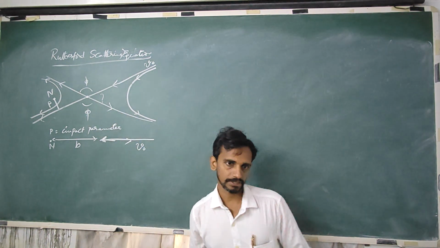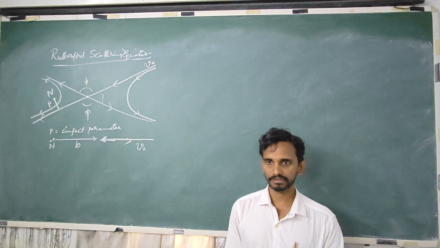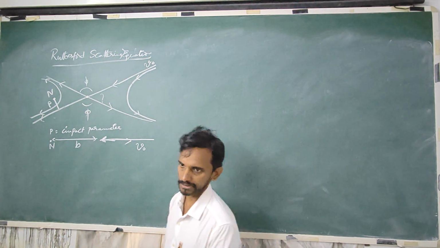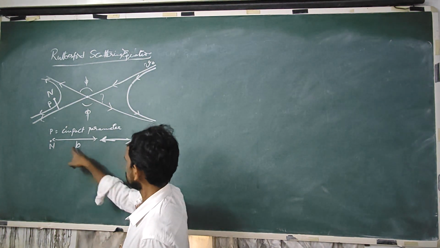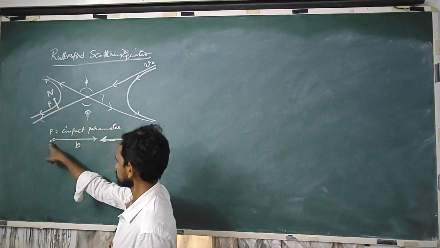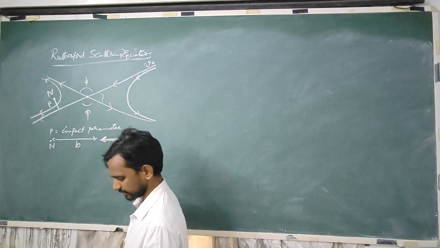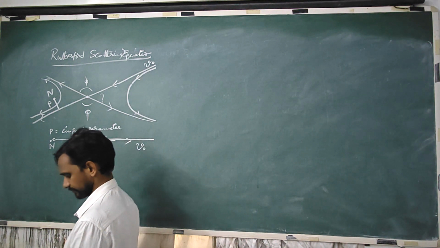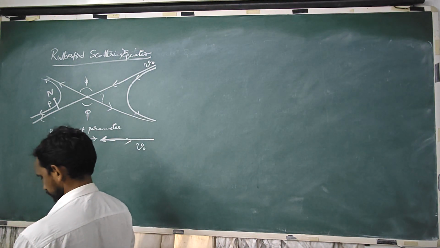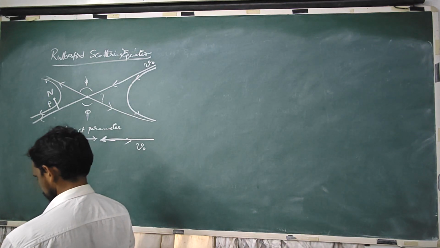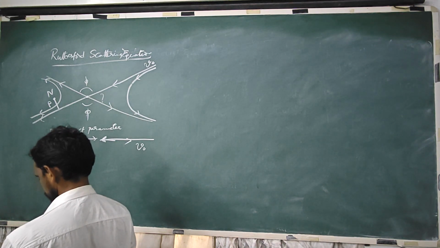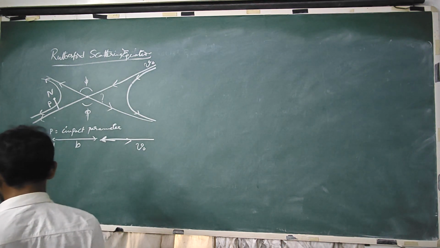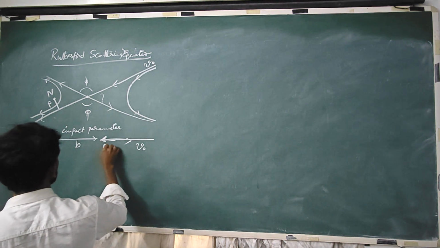It takes a 180 degree reverse track and travels along the incident direction, in the opposite direction. The least distance between the nucleus and the incident particle I'm marking as b. So in this case p is 0.